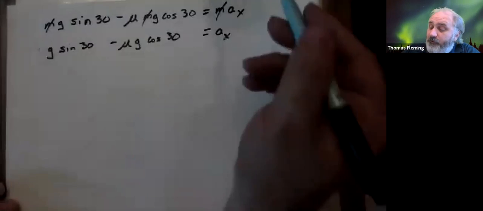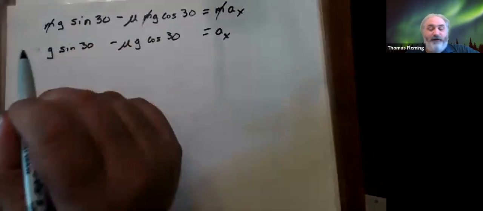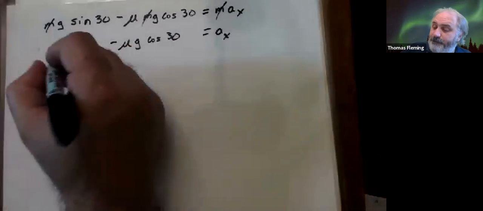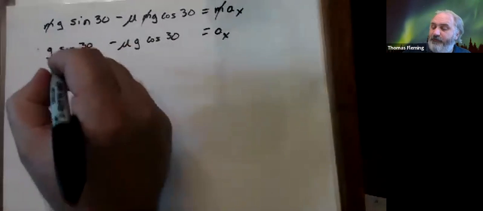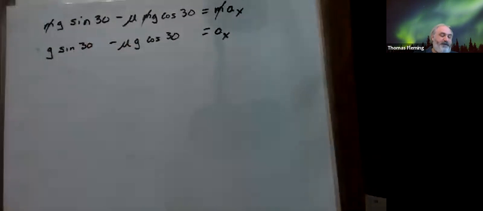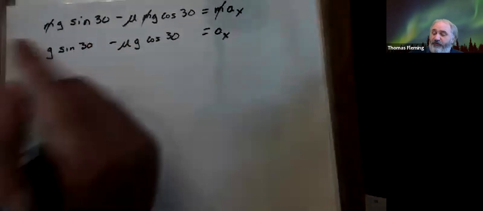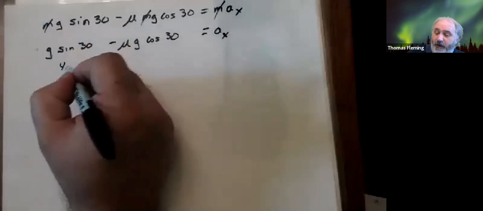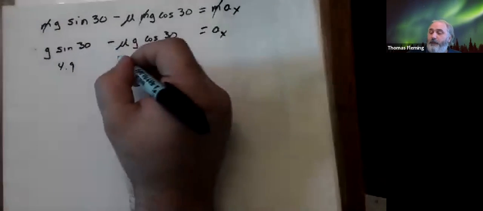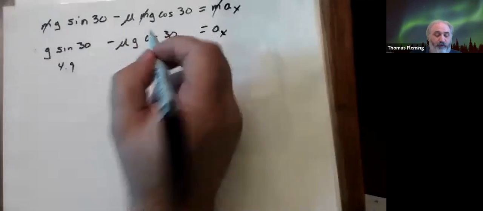Let's see. So when I plug that in, I'm going to have 9.8 times the sine of 30. Well, the sine of 30 is a half. So this term here is 4.9. Over here, I'm going to have 0.4 times 9.8 times the cosine of 30.